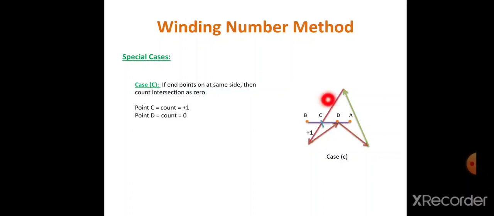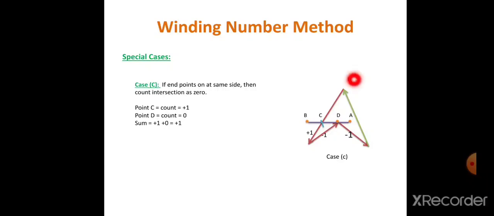Because one will become plus 1 and the other will become minus 1, so plus 1 minus 1 becomes 0. Then we take the summation of these values, that is plus 1 plus 0 is equal to 1, and as I am getting my sum as non-zero, I can say that the point is inside.